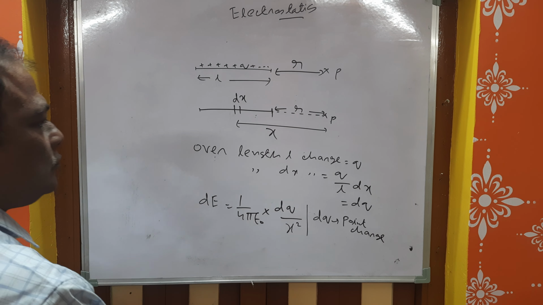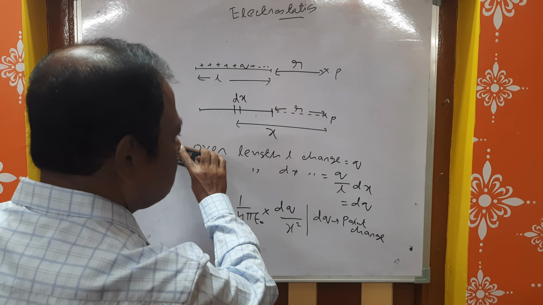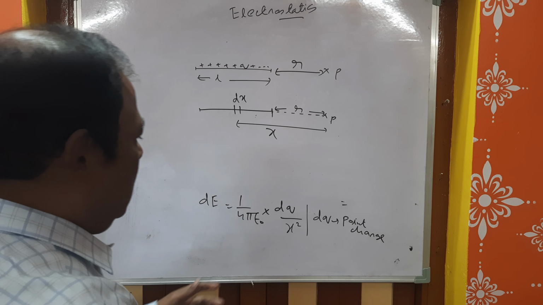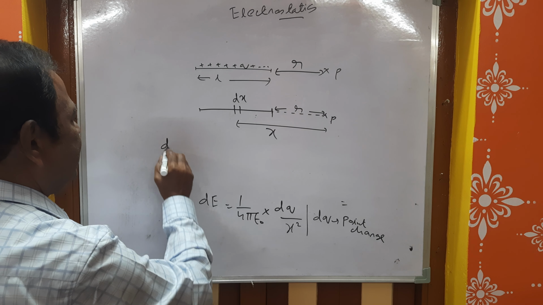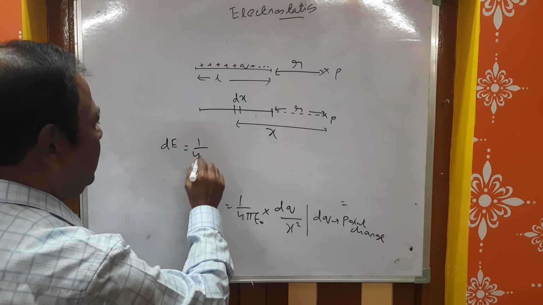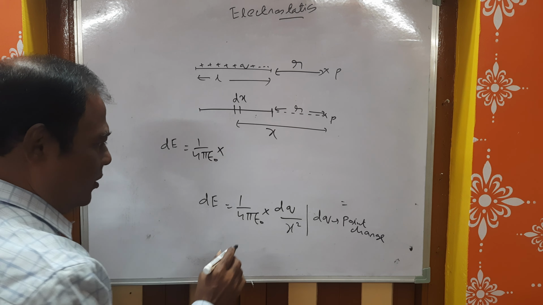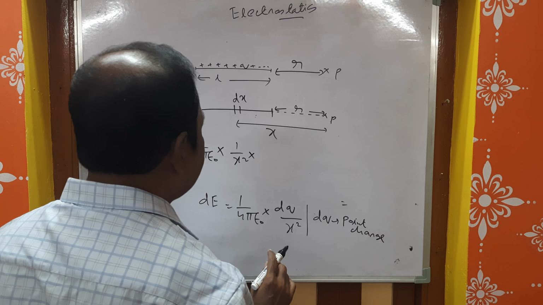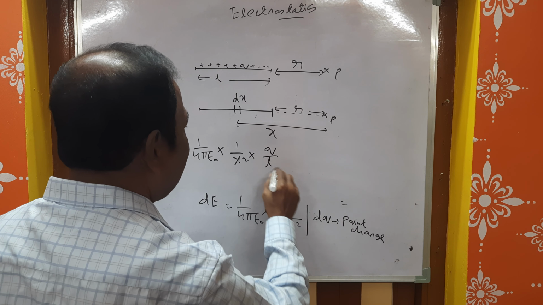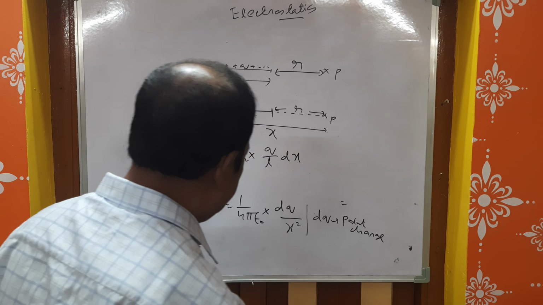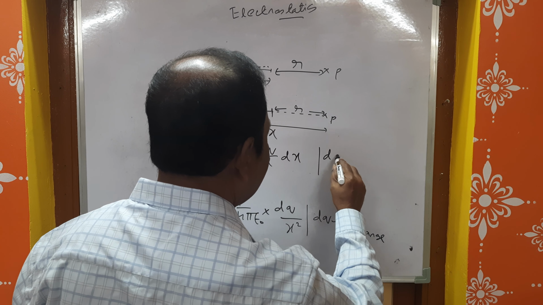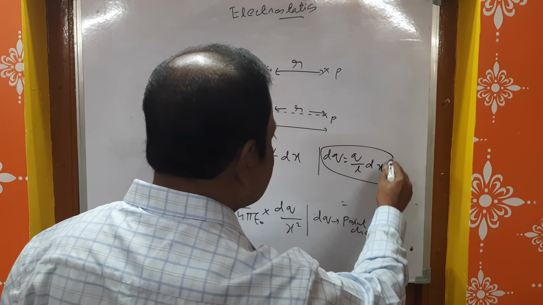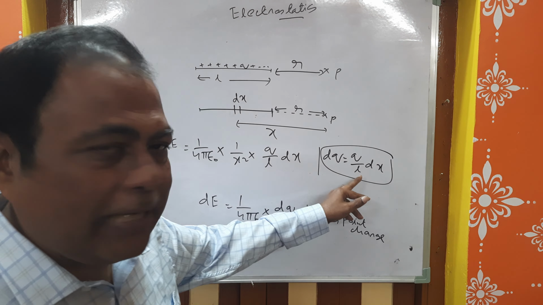So dE is equal to 1 by 4 pi epsilon naught, 1 by x square, into dq, where dq is Q by L into dx.